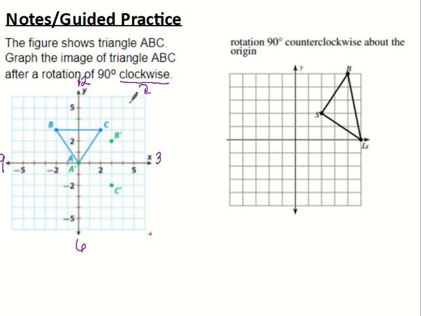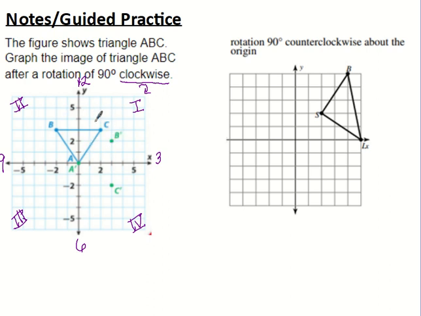Now, these are those quadrants. This is quadrant 1, this is quadrant 2, this is quadrant 3, and this one's quadrant 4. When a figure rotates, it moves into separate quadrants. That's how you can know if you rotated it correctly: did it move quadrants? So if we look at B, it's in quadrant 2, and we rotate it this way. That's why B ended up in quadrant 1, because it rotates from one quadrant to the next.